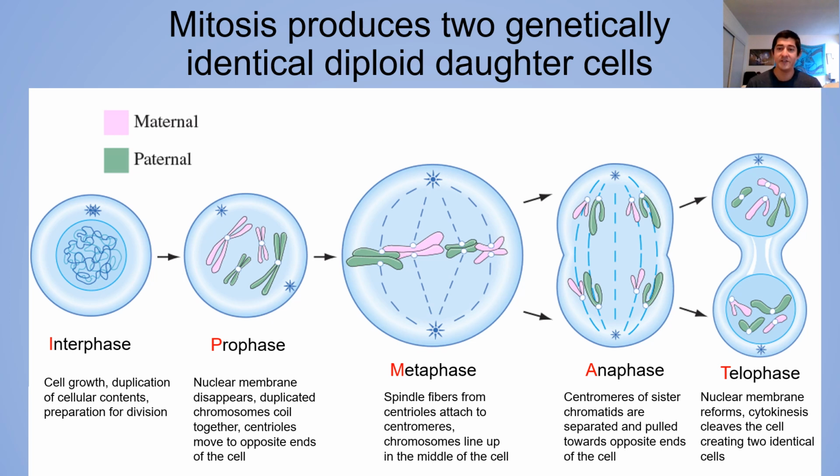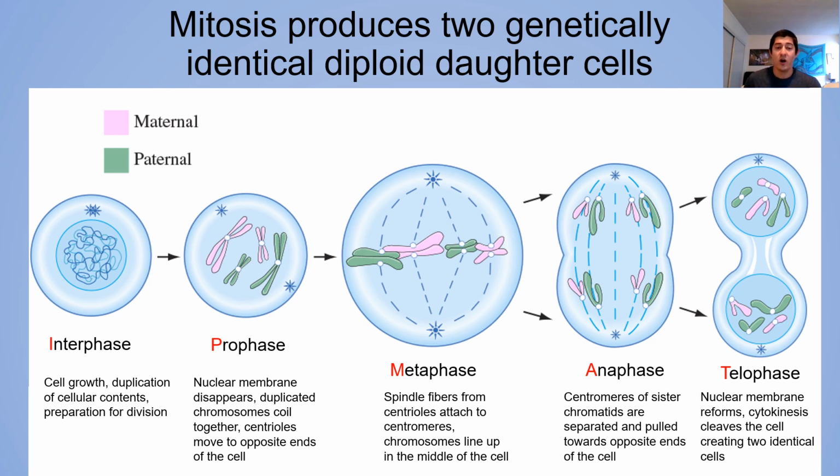In anaphase, those spindle fibers will contract, and that pulls apart these duplicated chromosomes to either end of the cell. And then finally in telophase, the nucleus will reform around the genetic material on either side, and the cell will pinch in the middle, forming two identical daughter cells.